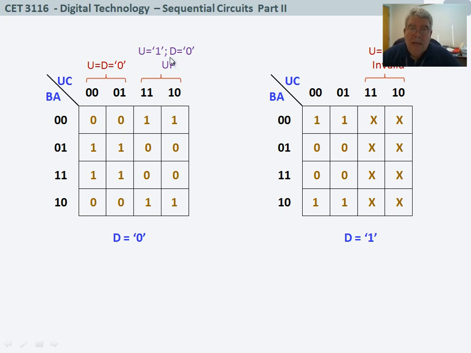We can, of course, have both at 0, and when both U and D are 0, that means there's no change. We're not counting up, but we're not counting down either. And this is our K-map for that. If we're not counting up nor down, then everything is going to be the same.